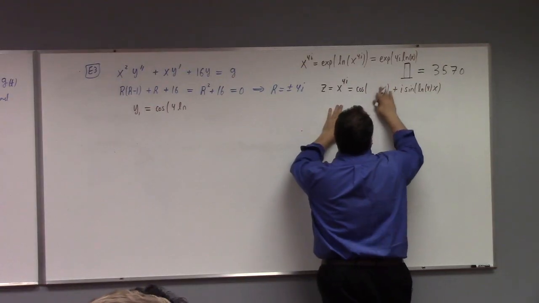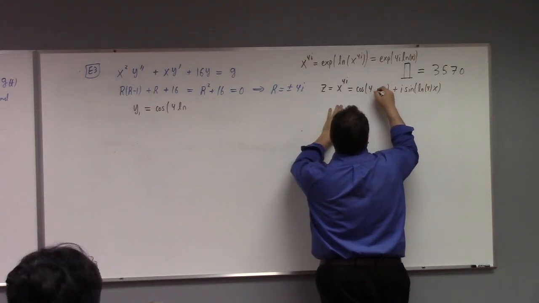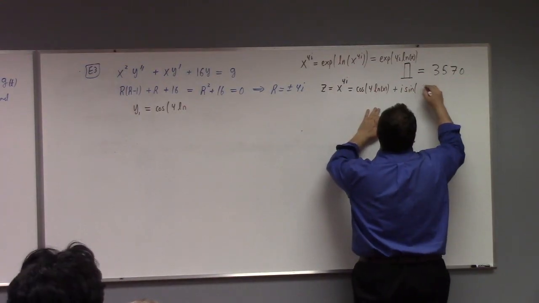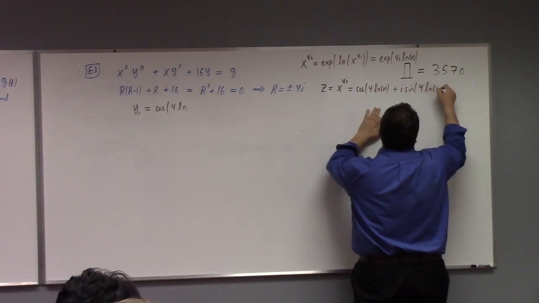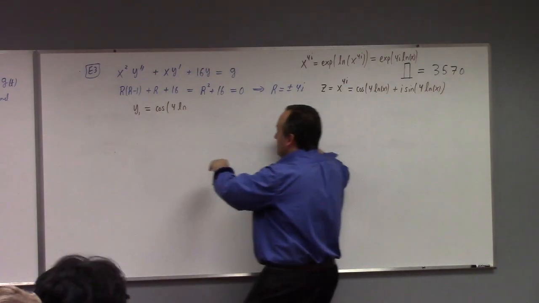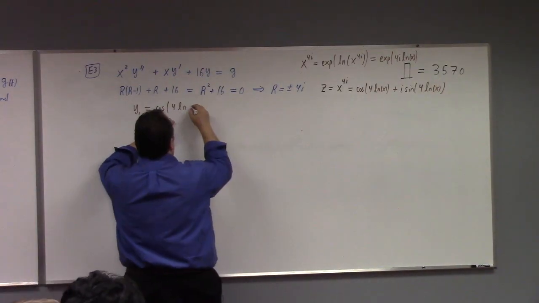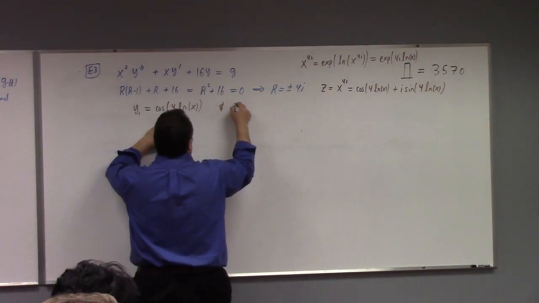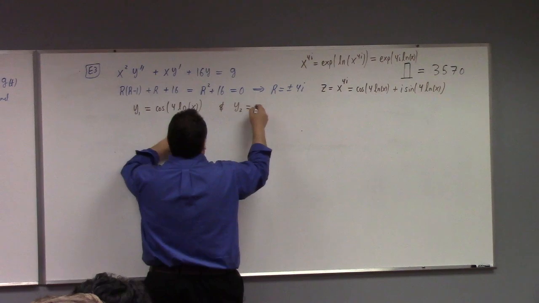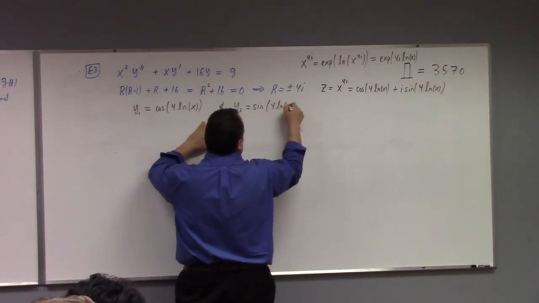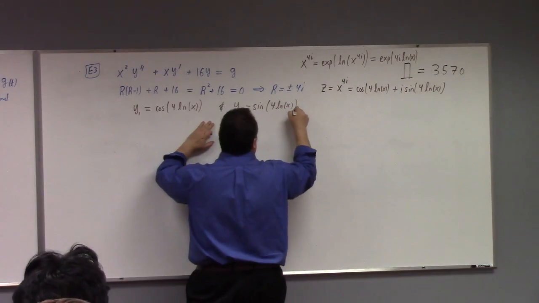It suggests cosine and sine of 4 log x, not natural log of 4. That was nonsense. So the cosine of 4 times the natural log of x for my y1, and for my y2, we will have the sine of 4 times the natural log of x. All right?